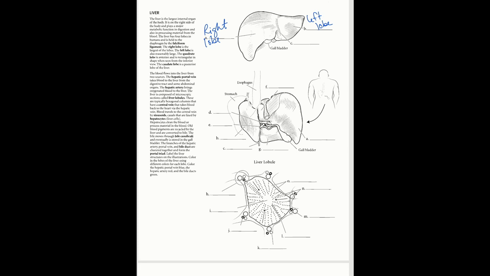Even though we have lobes that you would typically think of as being separated by a fissure, these lobes are actually separated by a ligament. This ligament is going to help with attachment to the diaphragm muscle that runs alongside of it. And that ligament that's going to connect is called the falciform ligament.